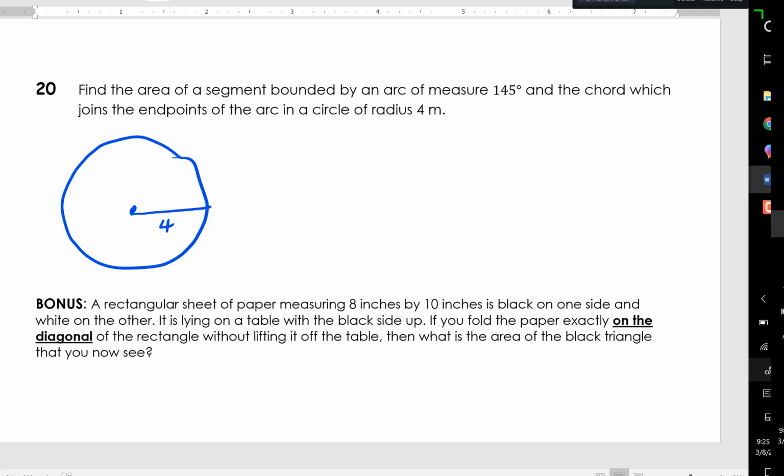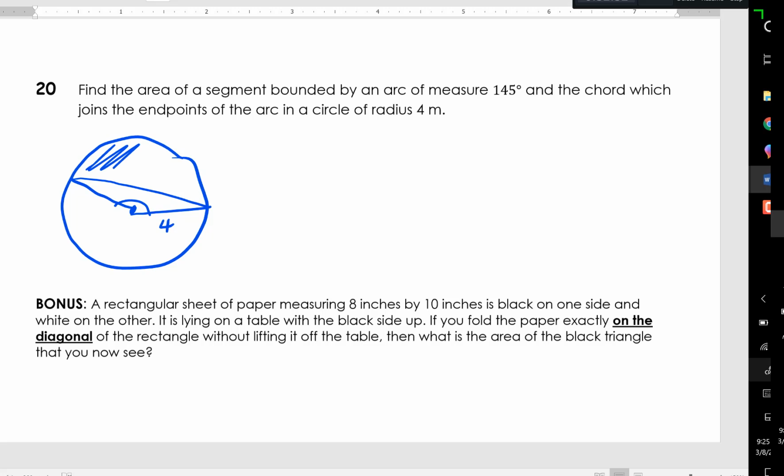So that's going to be somewhere over here. So that's 145. And you're trying to find the area of the segment. So, yeah, that 145. Let me just move it for a second. All right, so the segment, you draw that chord.